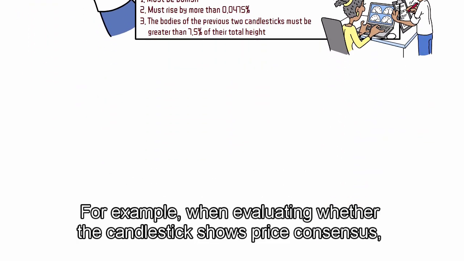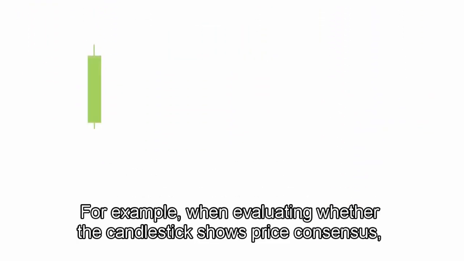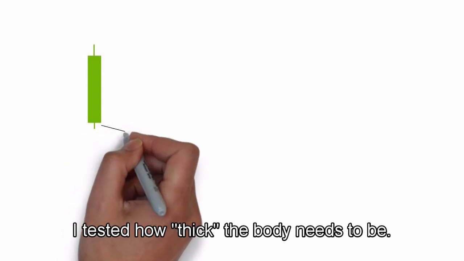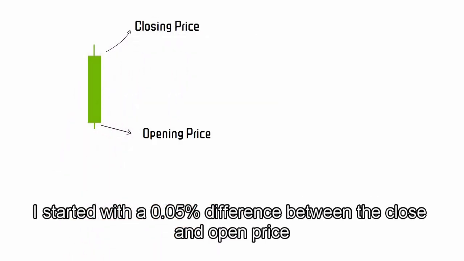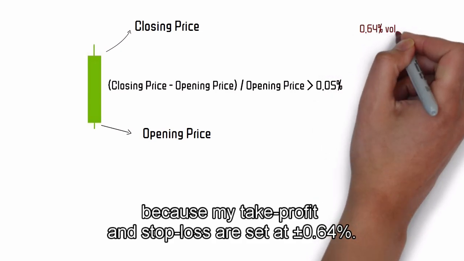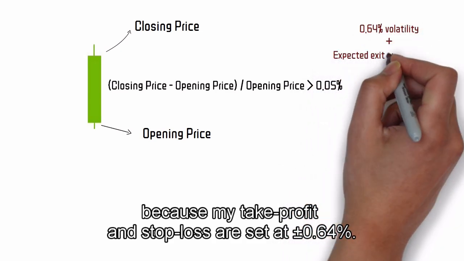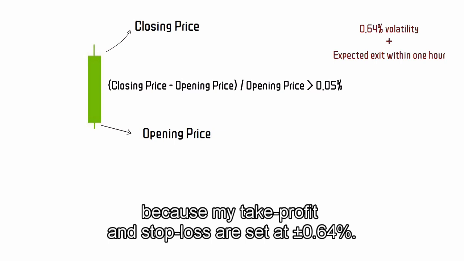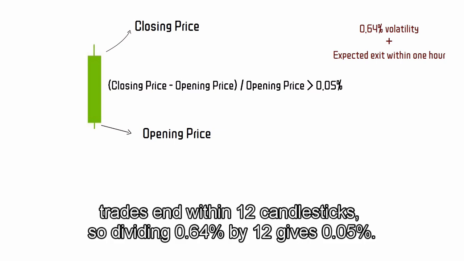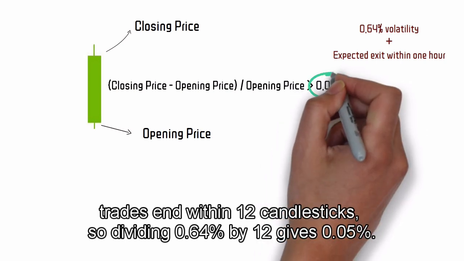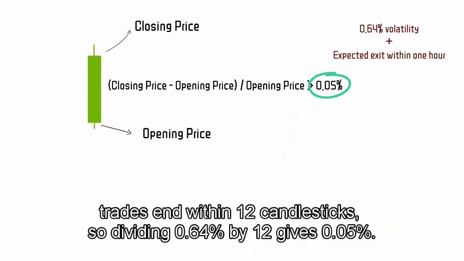For example, when evaluating whether the candlestick shows price consensus, I tested how thick the body needs to be. I started with a 0.05% difference between the close and open price because my take profit and stop loss are set at plus or minus 0.64%. On average, trades end within 12 candlesticks, so dividing 0.64% by 12 gives 0.05%.